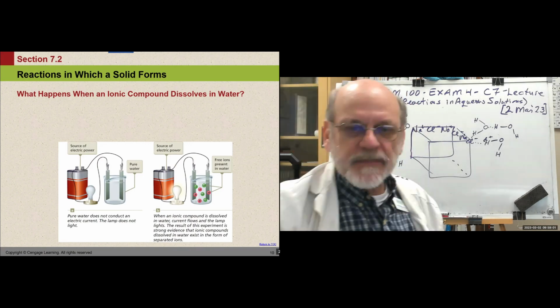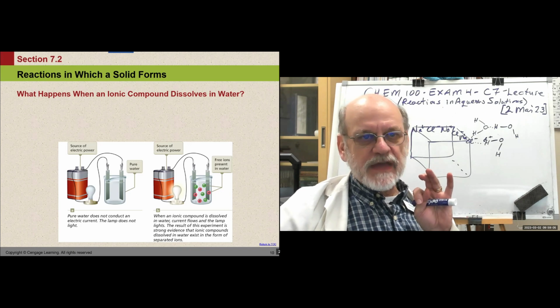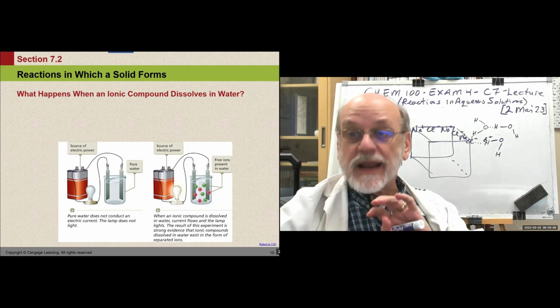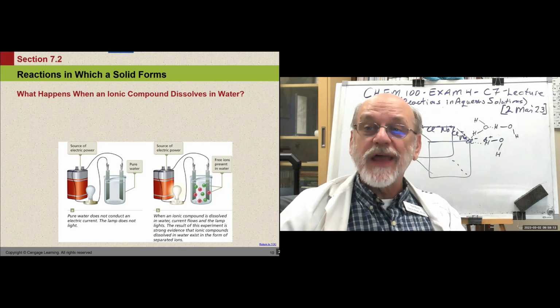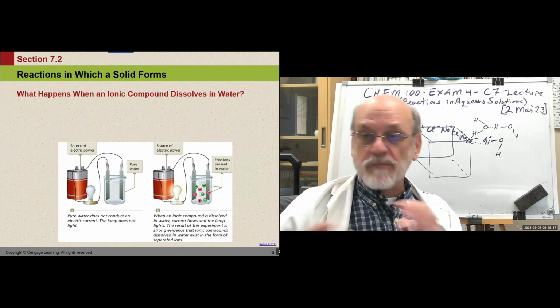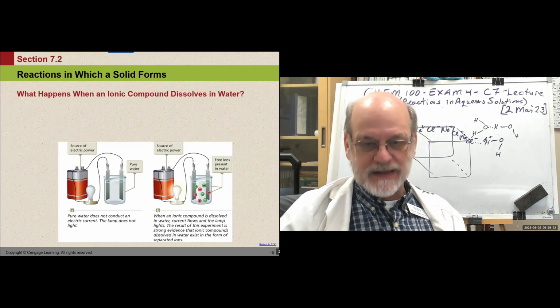Okay, so when we put something in solution, whether it's an ionic compound like sodium chloride, or a non-ionic compound like table sugar, right? Both of those will go into solution, aqueous solution, readily.